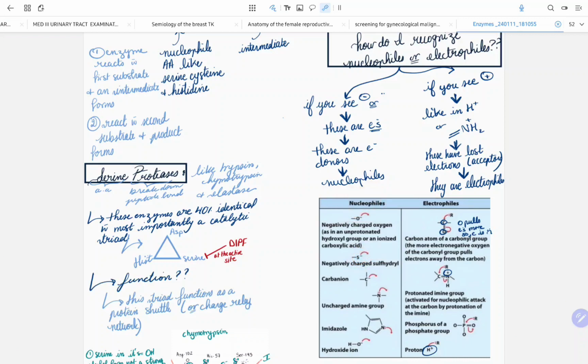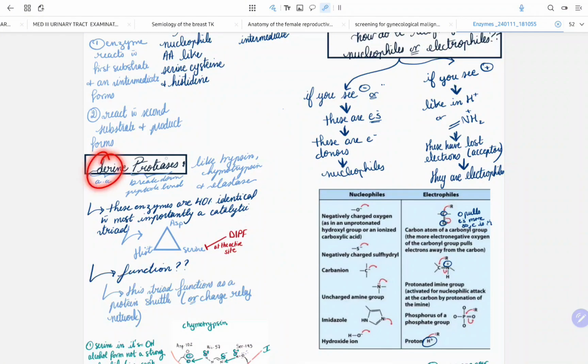Now in electrophiles, if you see this positive sign, or a phosphorus of a phosphate group, or an H plus, then the plus means that they have lost these electrons, which means that they are acceptors of new electrons. These mean that they have gained electrons, which means that they are capable of donating these electrons, and these mean that they have lost and they are capable of accepting new electrons. These are nucleophiles and these are electrophiles.